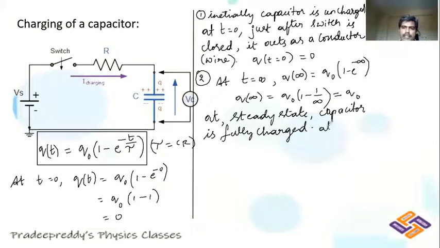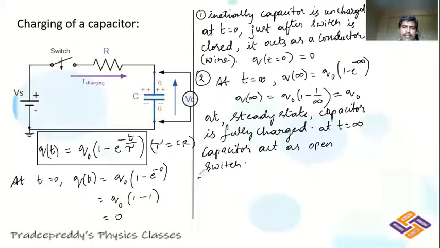So at steady state, at t is equal to infinity, the capacitor acts as an open switch. At time t is equal to 0, it acts as a conductor. At time t is equal to infinity, it acts as an open switch.